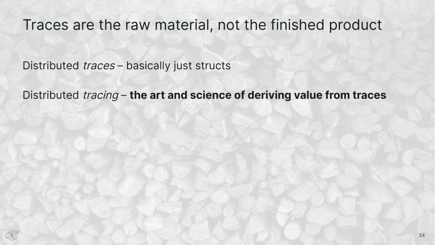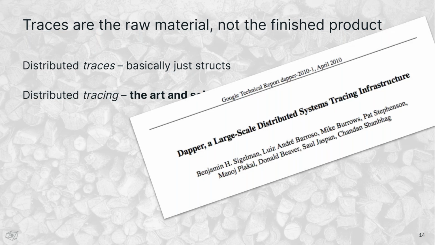As I said earlier, this is really just the raw material. It's not the end result. They're structures. The art of distributed tracing is actually about getting value out of that raw data. If you want to learn more about this, I point you to this paper that one of the co-founders of our company, Ben Sigelman, wrote when he was at Google. They built a tool called Dapper, which is actually still in use.